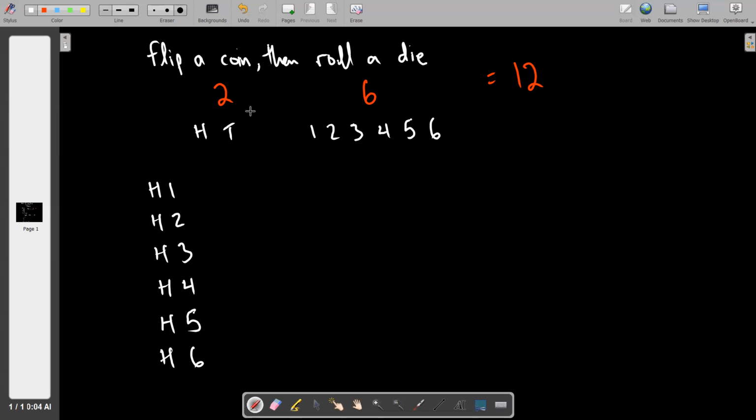And I hope this illustrates why the counting principle works the way it does. Because I could also get tails 1, tails 2, tails 3, tails 4, tails 5, tails 6. And I think that's a real good visual way to understand, hey, look, 2 times 6: 2 columns of 6.